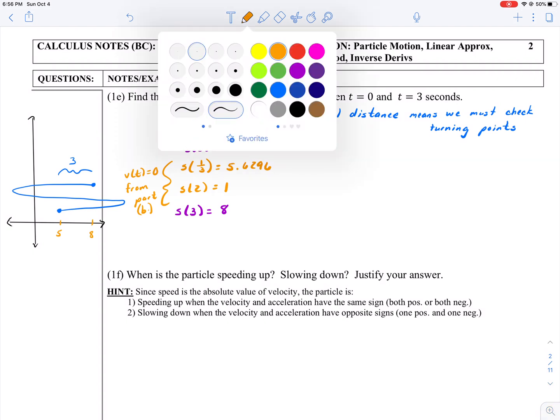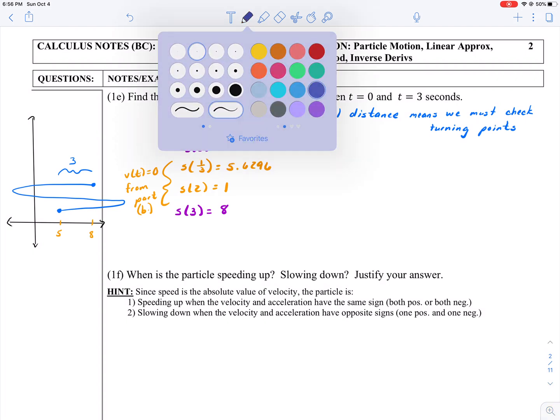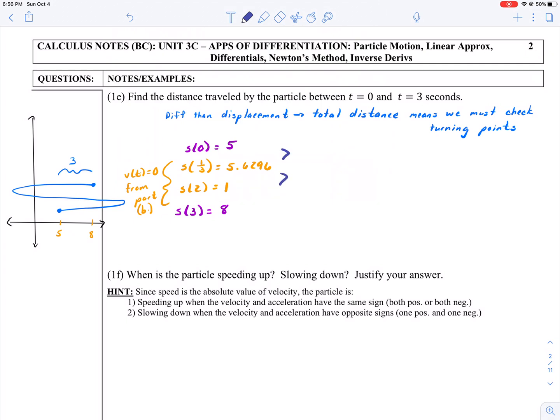The idea is that I want to look for the change in position between each of these. From 5 to 5.6296, obviously I went right 0.6296 units. In this case, we're dealing with meters, but that's how far I traveled to the right. But then I went back left 4.6296 units.